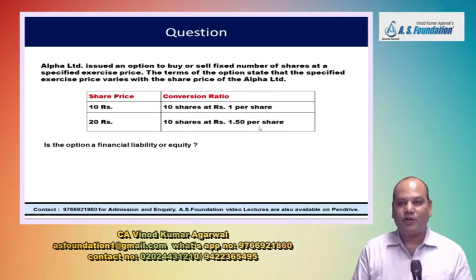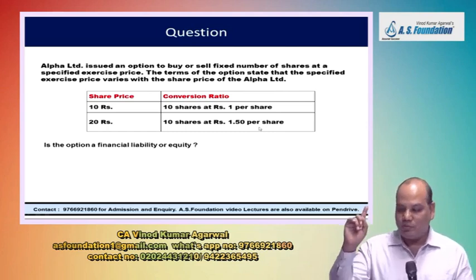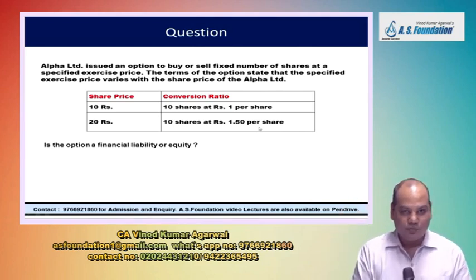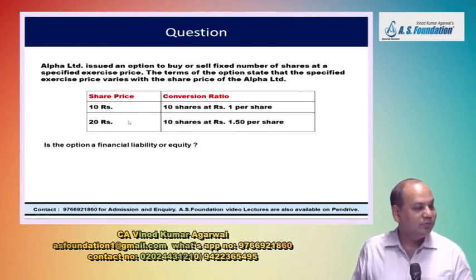Check the fixed for fixed test. Are we having a situation where we are going to receive a fixed amount for a fixed number of shares, or is there a possibility that the amount of cash received can vary depending upon the market price? So what do you think? Possibility of variation is there.